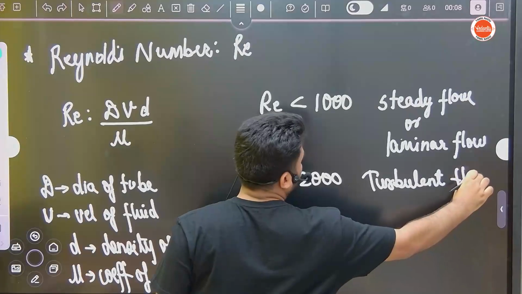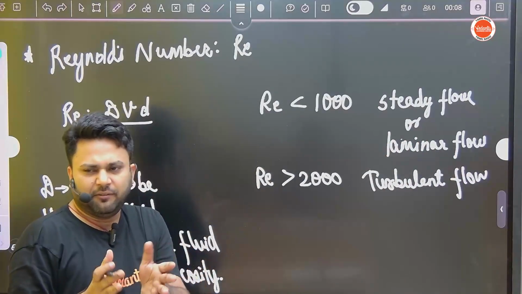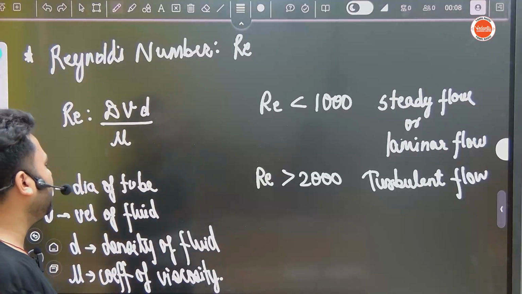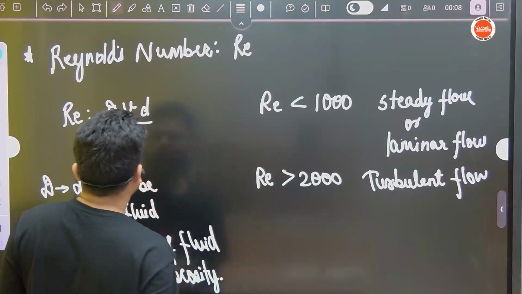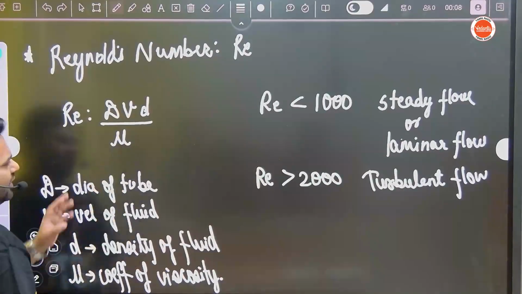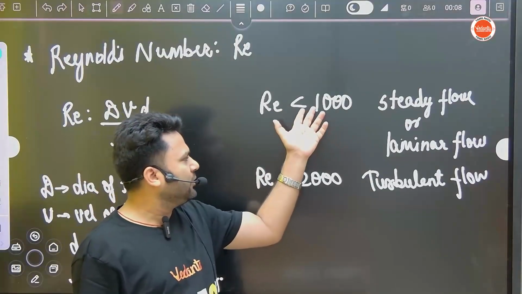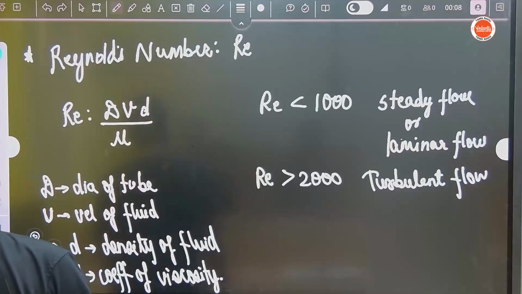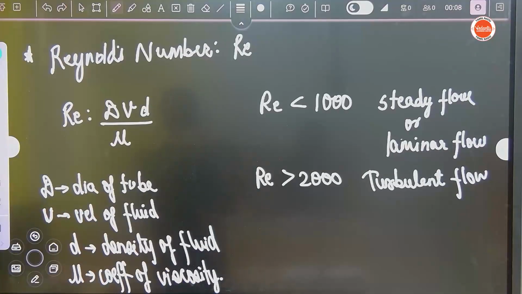If it comes between 1000 and 2000, it is midway, not proper laminar, not proper turbulent. So you will be given these values, you calculate and see whether it is less than 1000 or greater than 2000. If it is greater than 2000, it is a turbulent flow. If it is less than 1000, it is a laminar flow.